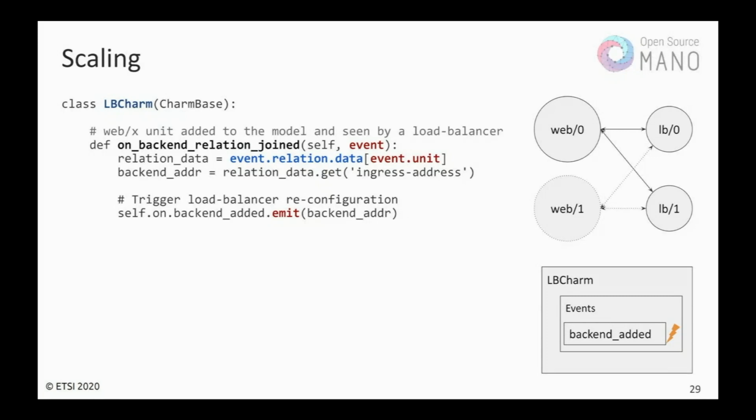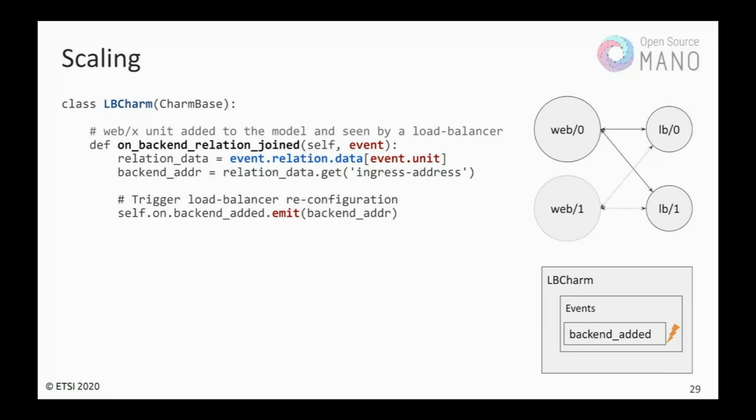You can see a handler for the backend relation joined event, and you want to obtain an address of the workload that just joined the relation. You can use the event type to access the relation that's associated with that event. So you do event.relation, and then you access the data by accessing the data attribute.